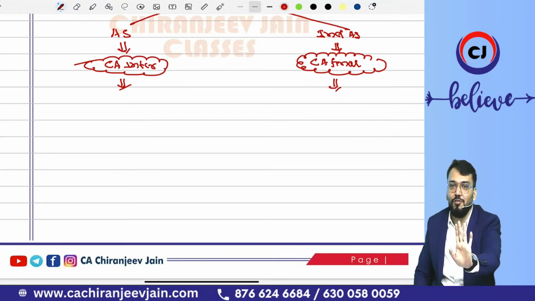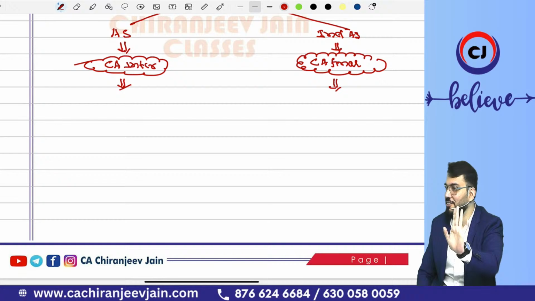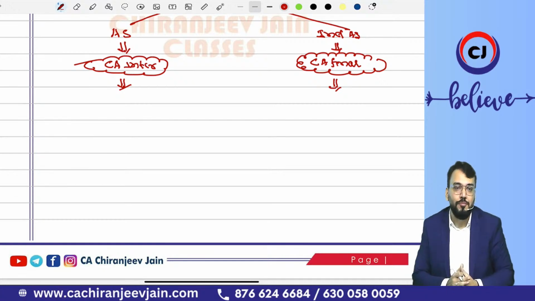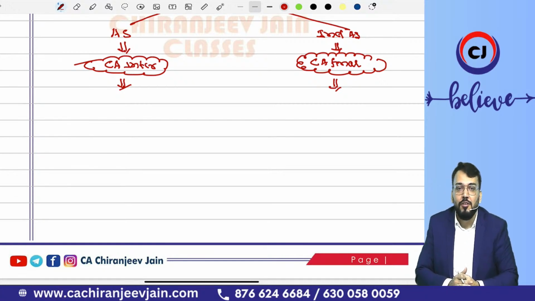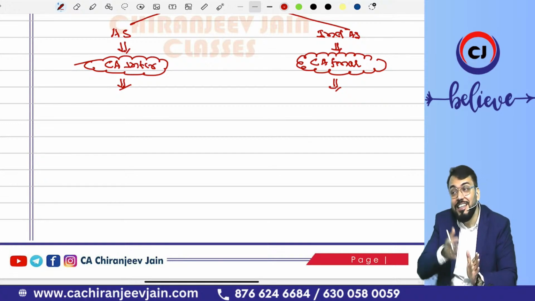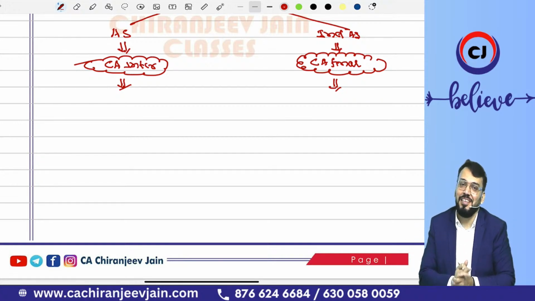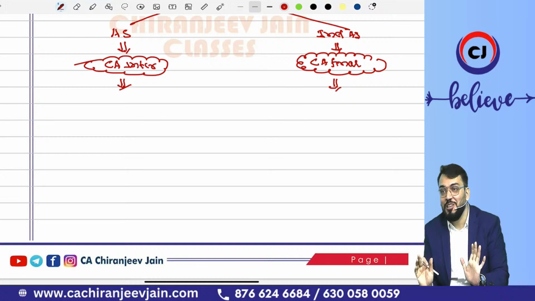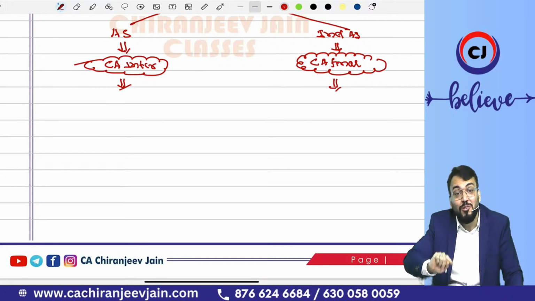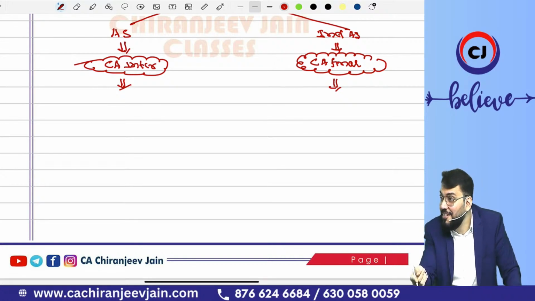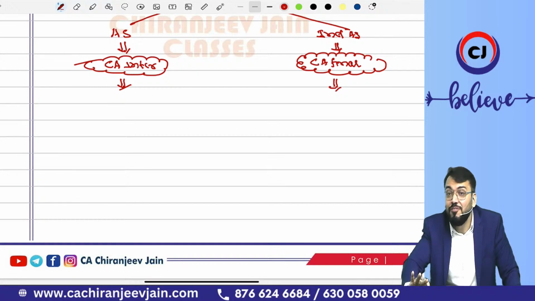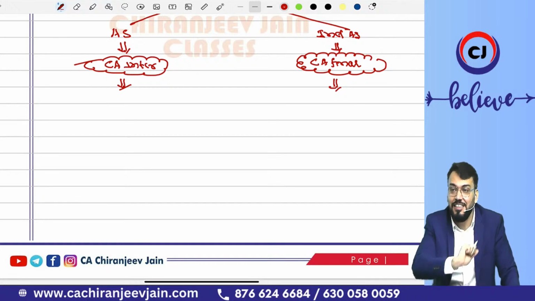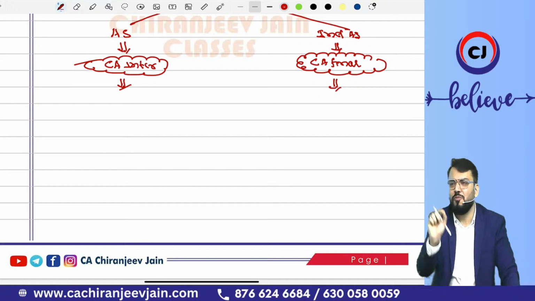No, no, no. Means you have some knowledge. As per the rule, any company to which IND AS is not applicable, AS will be applicable. This is the rule. First we need to find out to which company IND AS is applicable. Then for the residual companies, AS is applicable. So this is for companies.